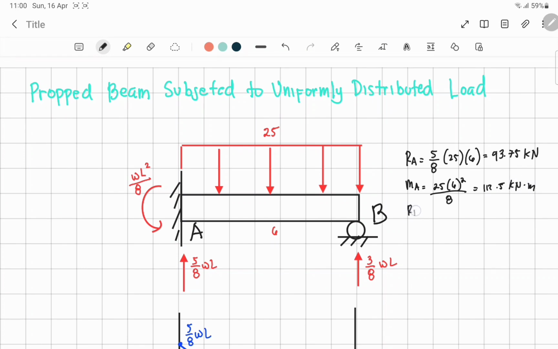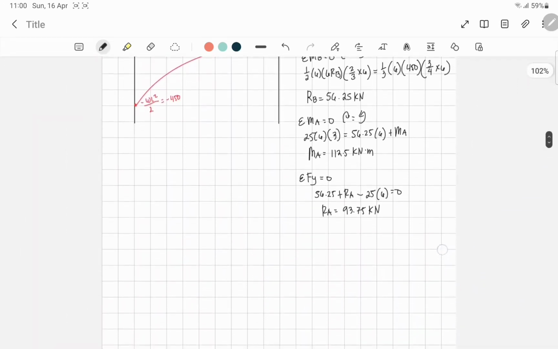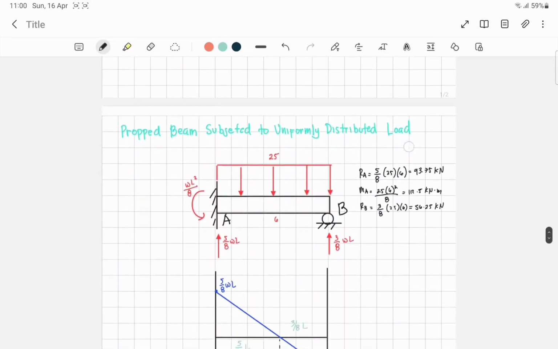Okay, solving naman for the reaction at B, we have 3 over 8 times 25 times 6 is equal to 56.25 kilonewton. Okay, kapag chinek natin dito, our answer is correct.